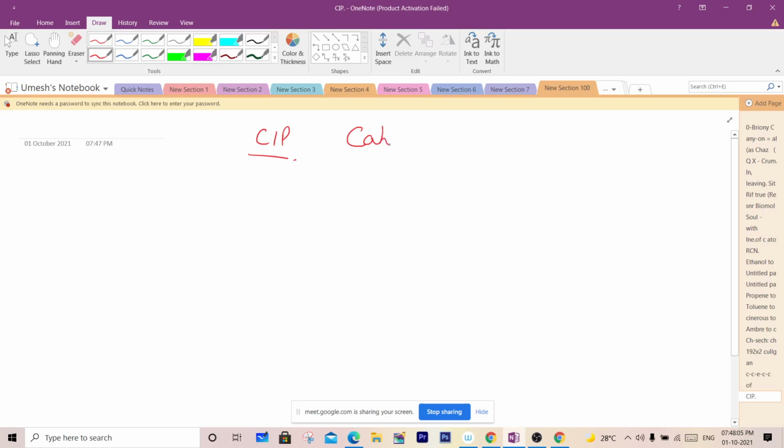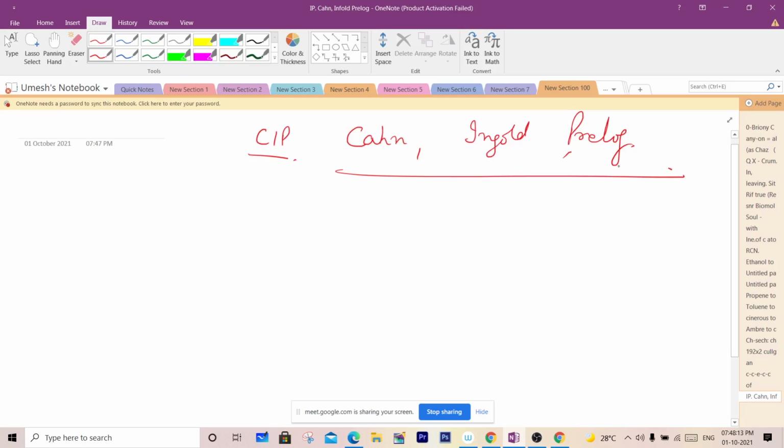based upon the names of the scientists Cahn, Ingold, Prelog. That rule says that the higher the atomic number, the more the priority.